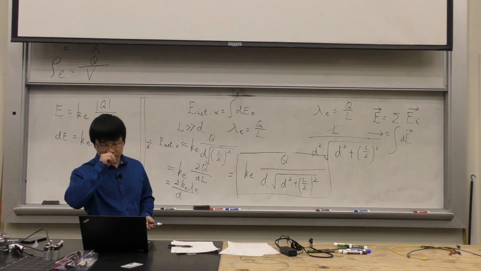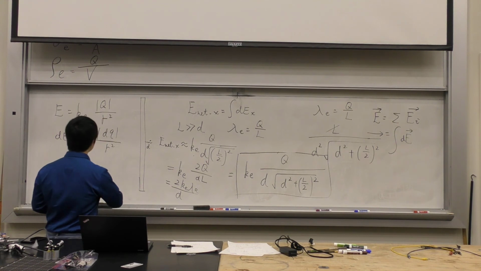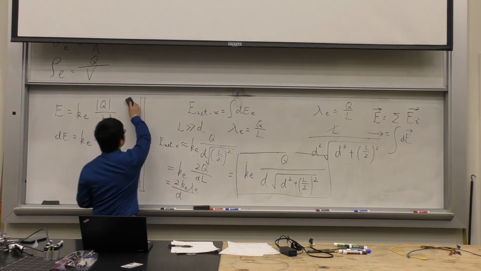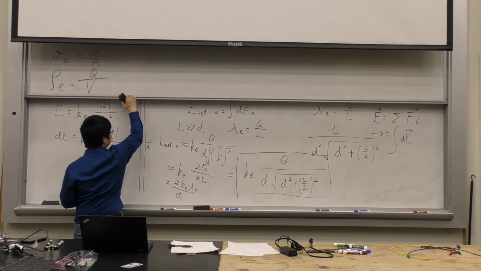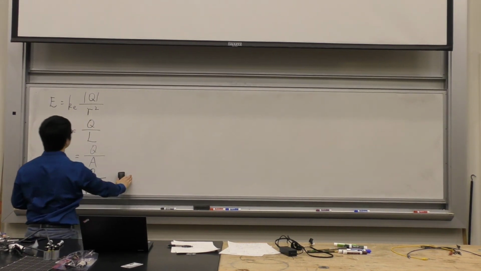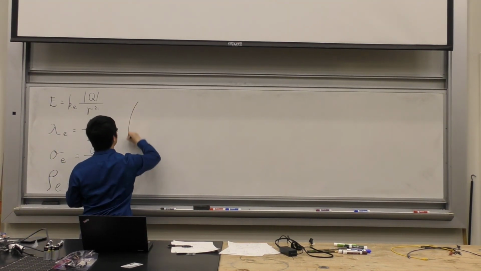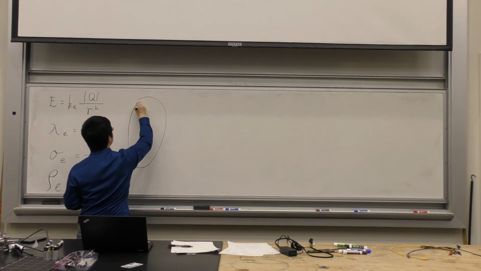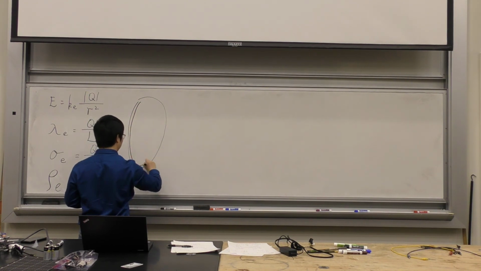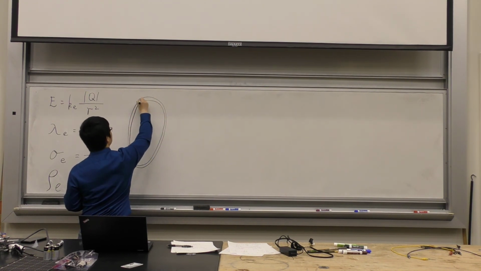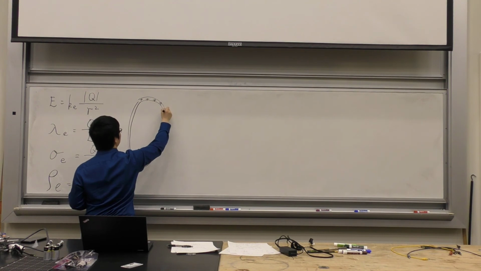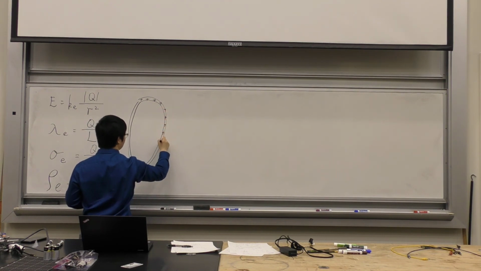So next thing we're going to do is this ring. So let's take a look at this ring. All right, so say I have a very thin ring, okay? So this ring has been charged with a lot of positive charge, uniformly charged, okay?